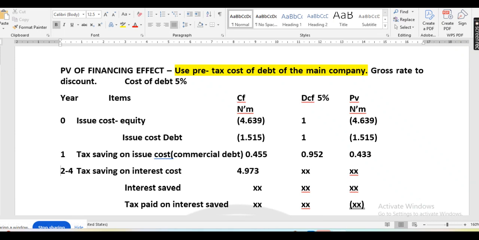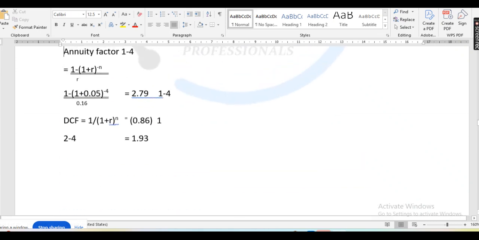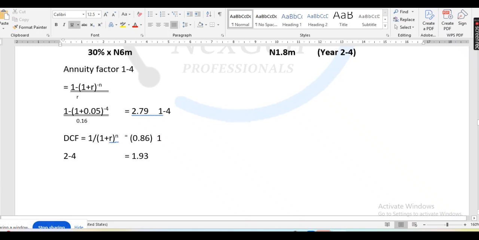And the R here is 0.05. So we change this to 0.05. So year 1 to 4, what do you have?